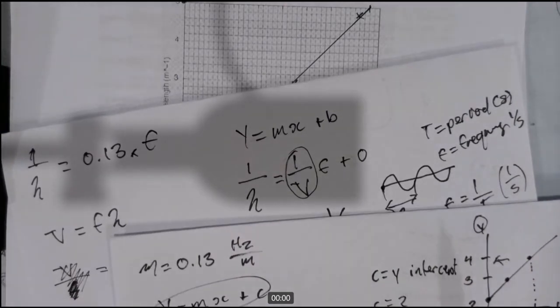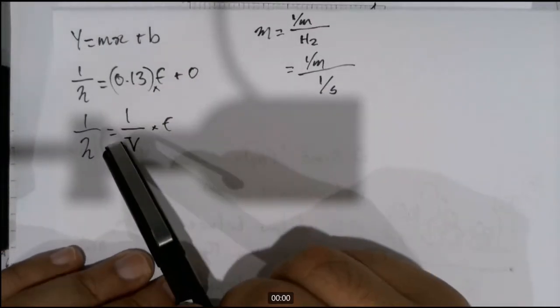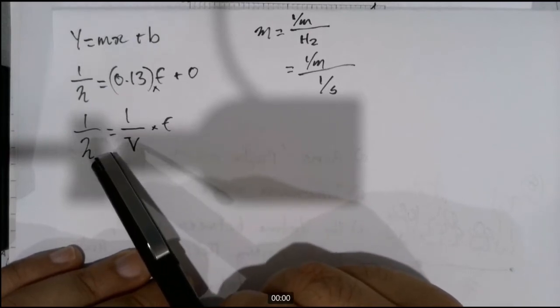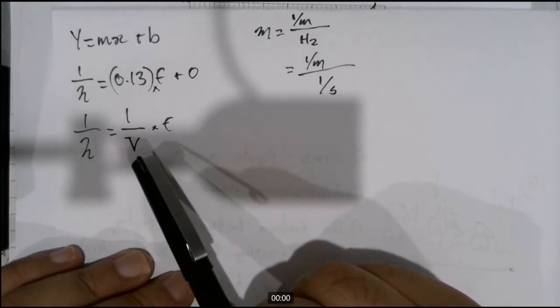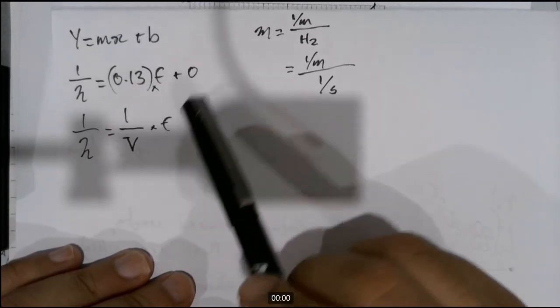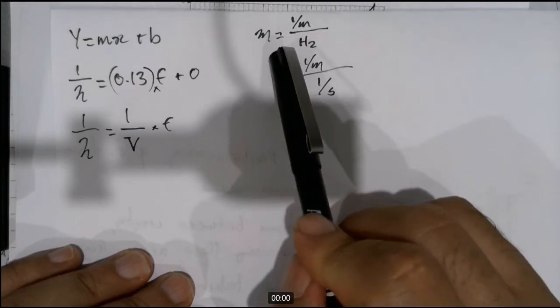Those units should be written like so. Again, we've got our equation set up. We're saying the y variable is going to be 1 over wavelength. Our slope is going to be 1 over the speed of the wave, and the x variable is going to be frequency. We don't have a y-intercept.